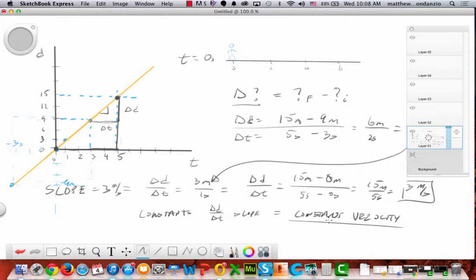What's my velocity? 3 meters per second. No matter where I check it out, I'm going 3 meters a second. I'm going constantly 3 meters a second, no matter where I am in time, if this has a constant slope. Does this make sense? Okay.